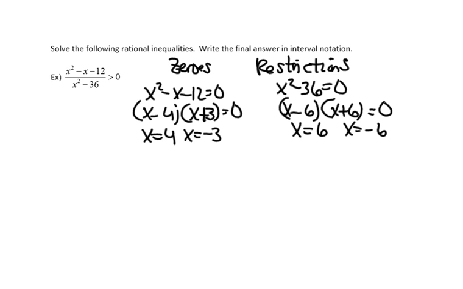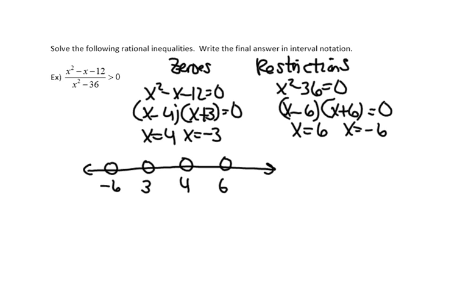Okay, so let's put these values on a number line then. Now, 4 and -3 being zeros, because the inequality sign is strictly greater than, these values are not going to be included. Okay. Now, for your restrictions, on the other hand, again, because they are restrictions, they are never going to be part of the solution for this.